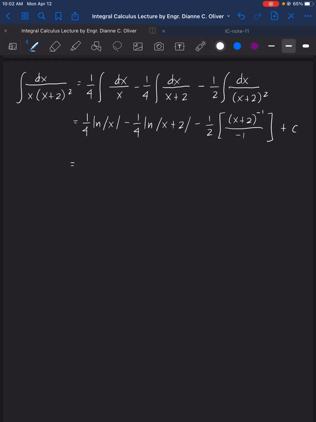So the final answer is 1/4 ln of x minus 1/4 ln of x plus 2 plus 1 over 2 times x plus 2, plus c. Okay.